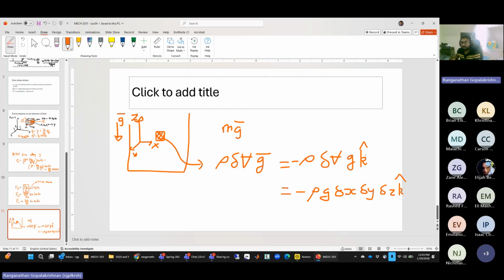Or if I'm hell-bent on not using vector notation, I can write this. What is the component of weight force along the x direction, along a horizontal direction? 0, right? Weight has no component along the x direction. Weight has no component along the y direction. Weight has a component along z, and that is minus rho g delta x, delta y, delta z.